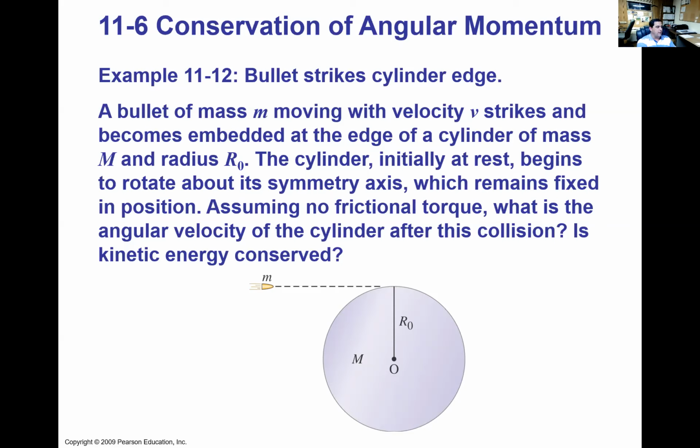So you have a bullet with lowercase m, a small mass, moving with some velocity v, and it's going to strike and embed itself in the outer edge of this cylinder that has a mass of uppercase M. The cylinder is initially at rest and begins to rotate about its axis of symmetry, which remains fixed. Assuming there's no friction, what is the angular velocity of the cylinder after the collision, and is kinetic energy conserved?